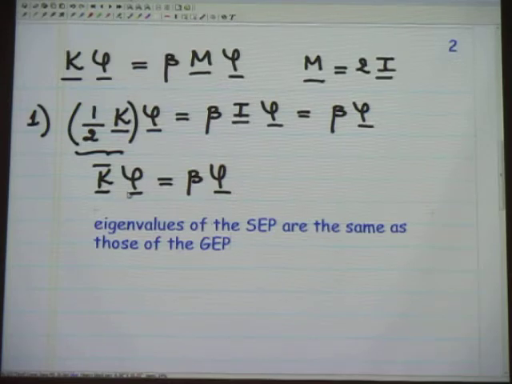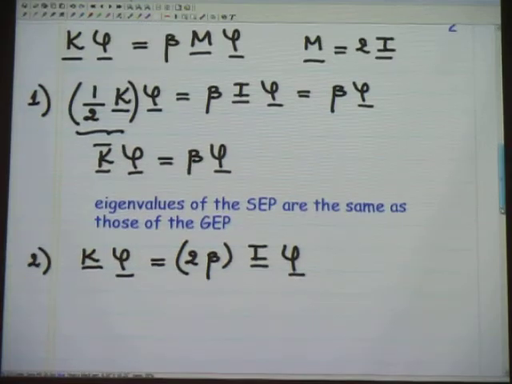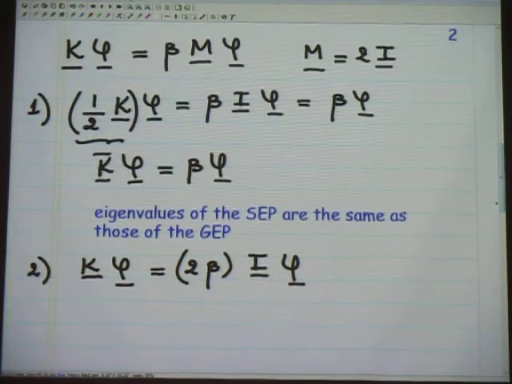Now the second method that you can do is K phi equal to 2 beta times the identity matrix times phi, because m is equal to 2I, right?